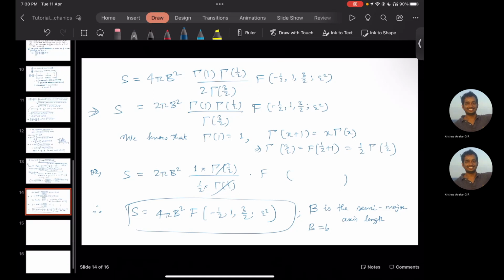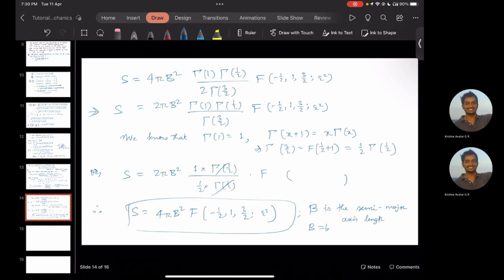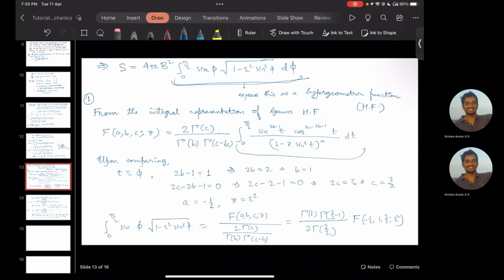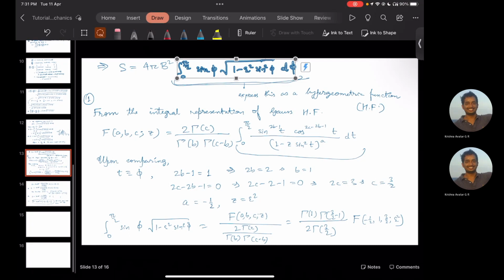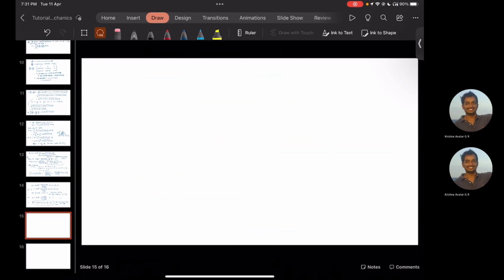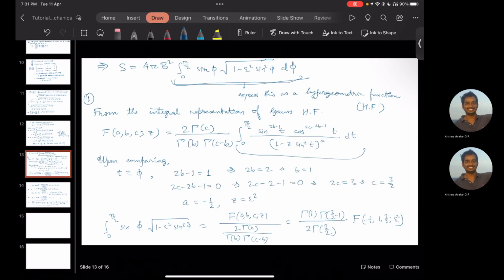Okay. Now let's use the other method that we thought of. This was the direct approach, and now we would like to convert it. Let me copy it again.